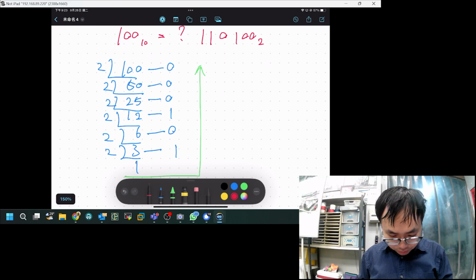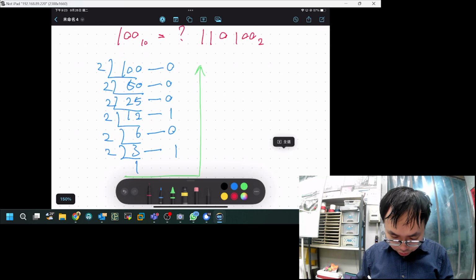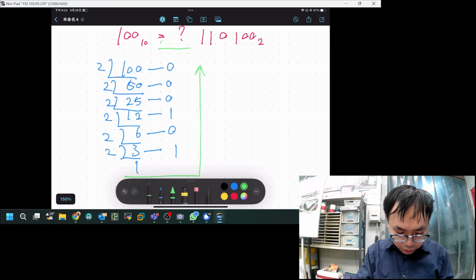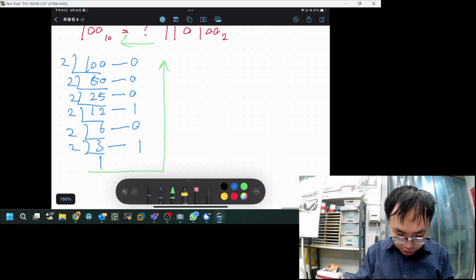Okay. So if you want to do it in the reverse way, how to do the conversion in this way: you do it one by one.